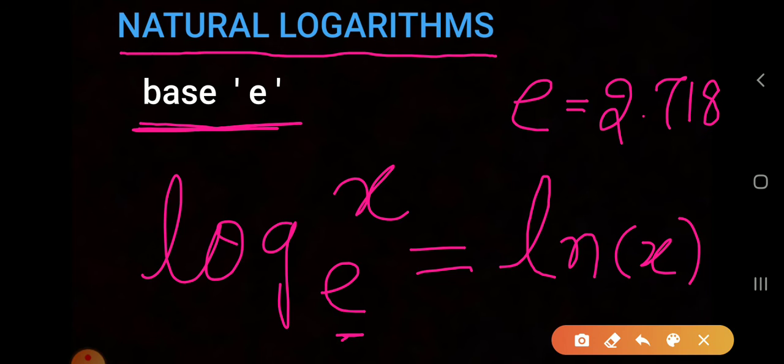Otherwise, it is usually pronounced ln of x. So this is the natural logarithm. Natural logarithm means it has base e. Whenever the base is e in logarithms, it should be called the natural logarithm.